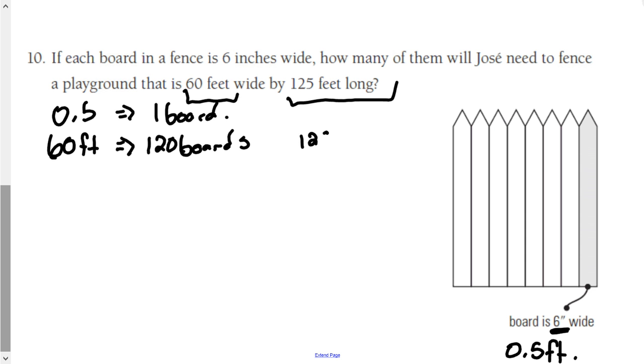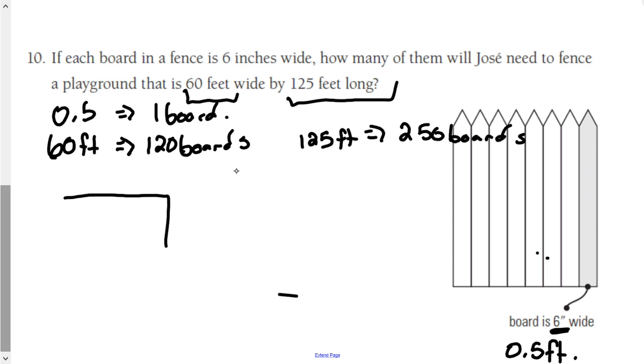So then if I needed 125 feet, it would double to 250 boards. And that gives us one side, so then I would need to double this again for 240 plus 500 to give us 700 boards total.